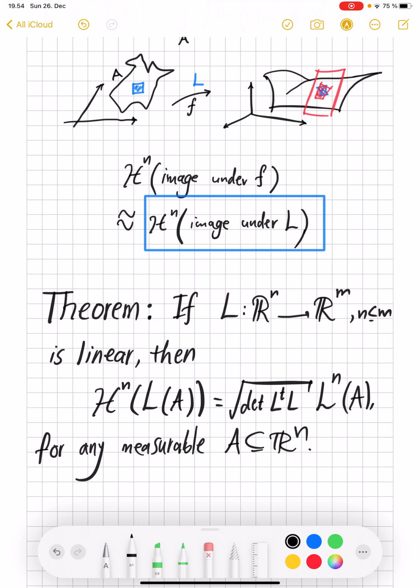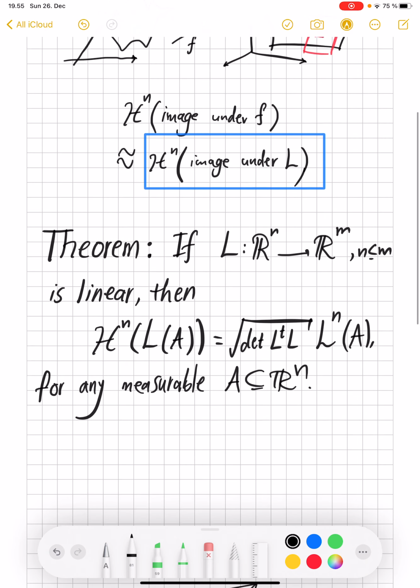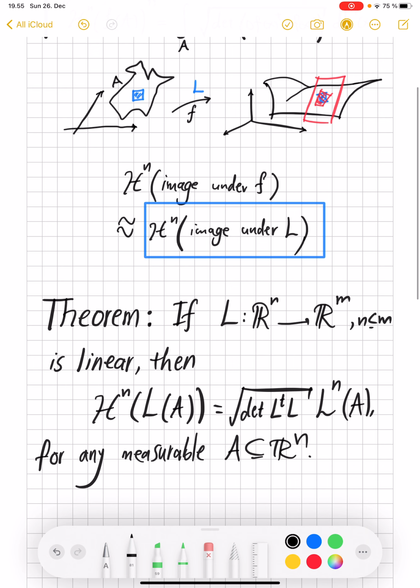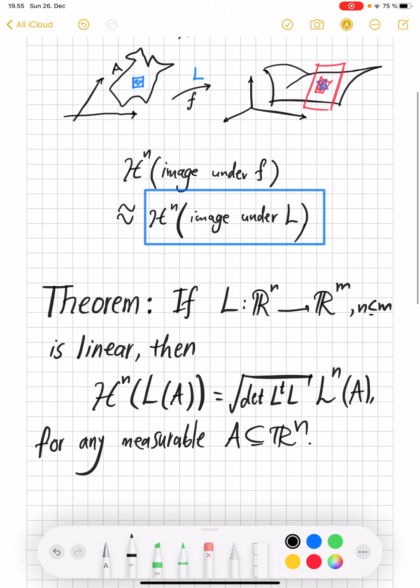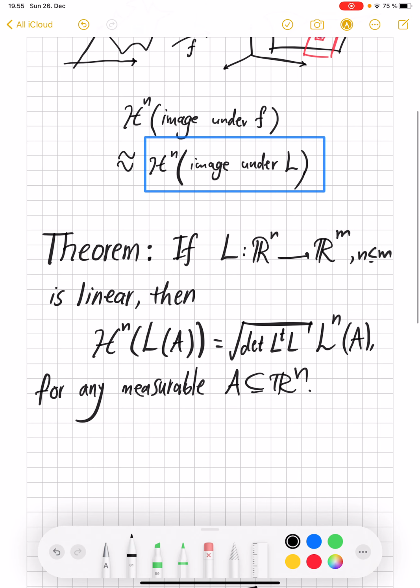So I cannot use Ln in the image because you are sitting in Rm and Lebesgue measure is only defined at dimension m. That's why we're using the Hausdorff measure, as the picture suggests. The determinant of LTL makes sense because that becomes a square matrix after multiplying with itself.